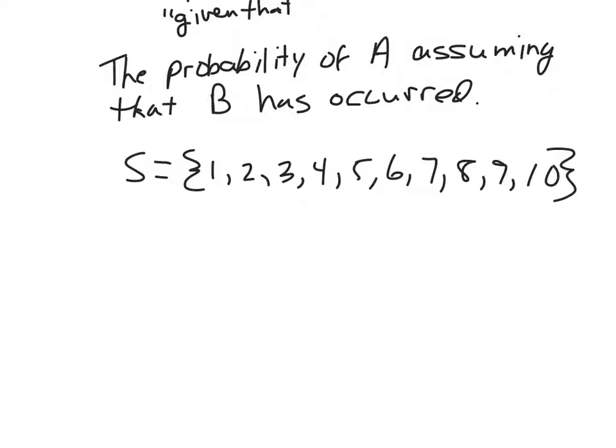Maybe that's the game that we're playing. You think, what's the sample space? Well, it's obviously all the numbers from 1 to 10. Now, if I just said to you, what's the probability that the person would pick 3? Well, that'd be easy enough. That'd be 1 out of 10.